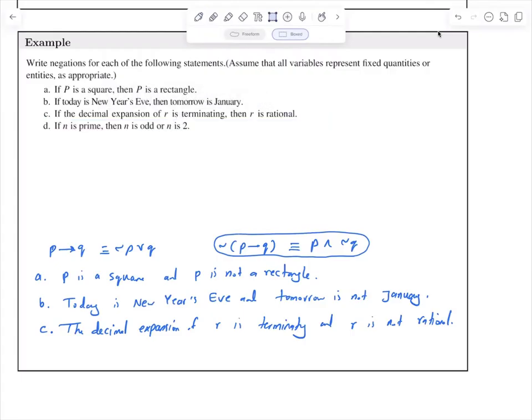If n is prime, then n is odd or n is 2. So take a look.